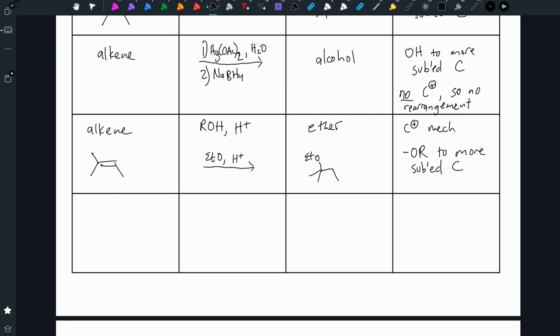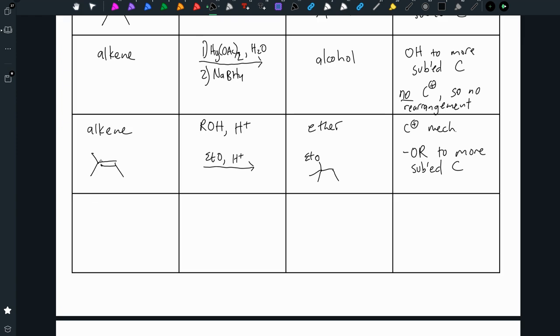But because there I had my alkene listed as a starting material and the alcohol listed as a reagent, I also want to enter this a second time, but reverse those two, because there may be scenarios where the thing I'm starting with is the alcohol. And I want to remember that I can react that with an alkene and an acid catalyst to make an ether. So some of these reactions I would actually list twice.